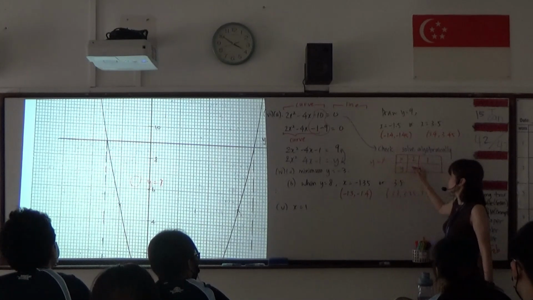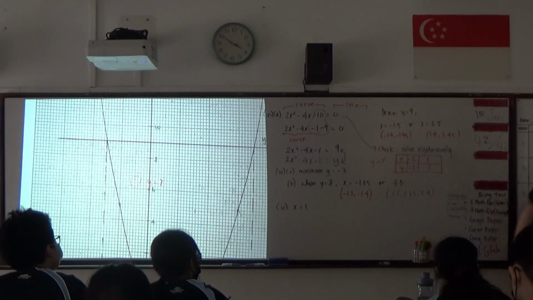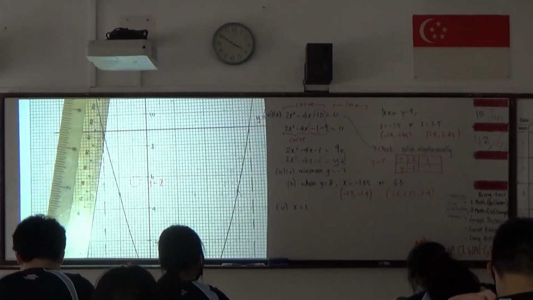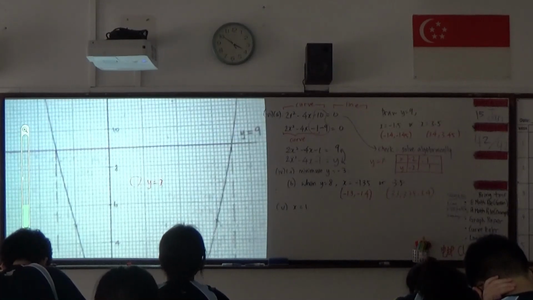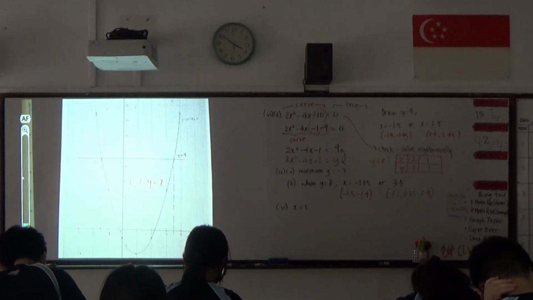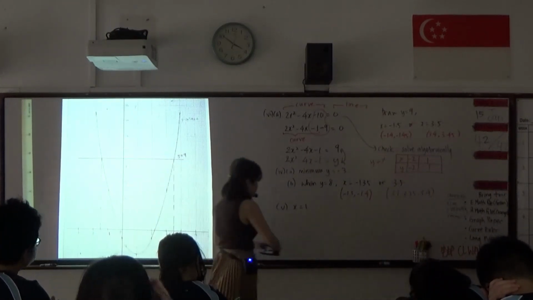Equation y equals to x, when x is -2, y is -2, then this one is 1. So we will draw the line, plot out the points. Let me zoom out. So we plot the points -2, -2 and 1, 1.